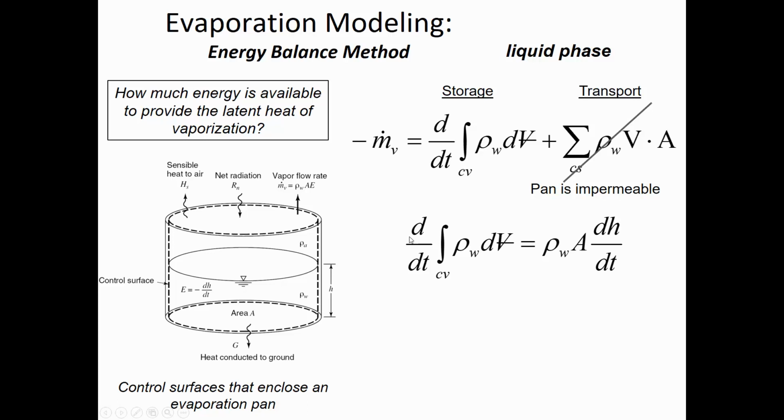And so what we're saying is that this liquid inside of the control volume is decreasing at the same rate that the vapor is flowing out. So essentially, the mass flow rate is the density of the water, the cross-sectional area of the pan, and the evaporation rate.